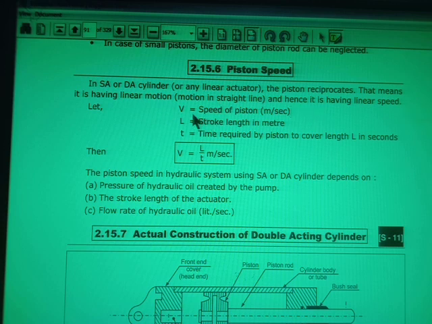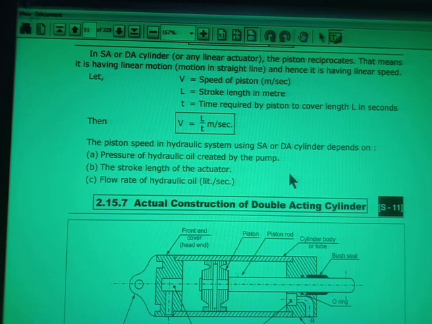Linear velocity or speed is given in meter per second. Capital V is the speed of piston, L is the stroke length of piston in meter, and T is the time required by the piston to cover that length. Therefore velocity is L divided by T, that is, V equals L by T.